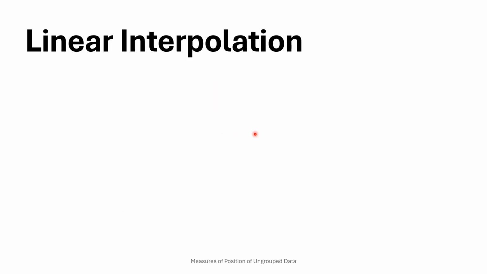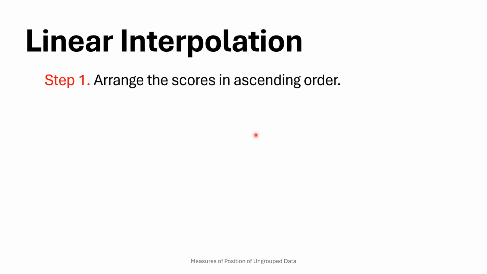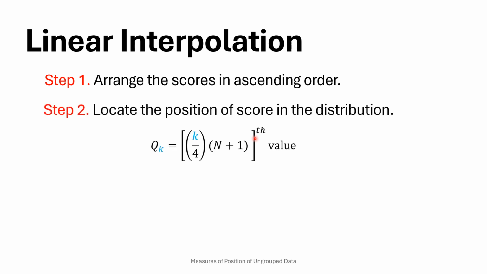Linear interpolation has a few steps. Step 1, arrange the scores, the values or the observations, into an array, usually in ascending order. Step 2, locate the position of the score in the distribution by using this formula to find the quartile.